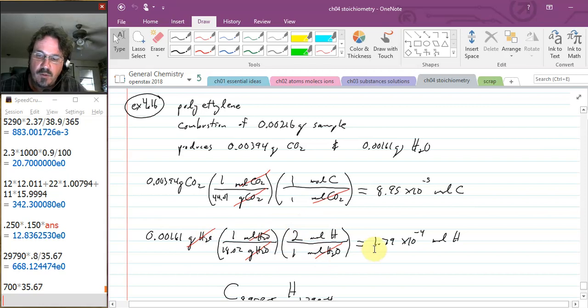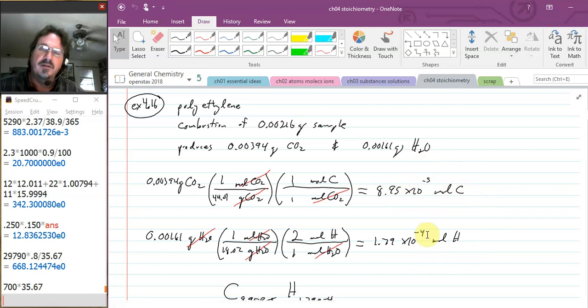That equals 1.79 times 10 to the minus 4 moles of hydrogen. Now I've got moles of carbon, moles of hydrogen. That all came from my hydrocarbon sample. That is to say, that all came from the actual molecular formula of my polyethylene in this case.